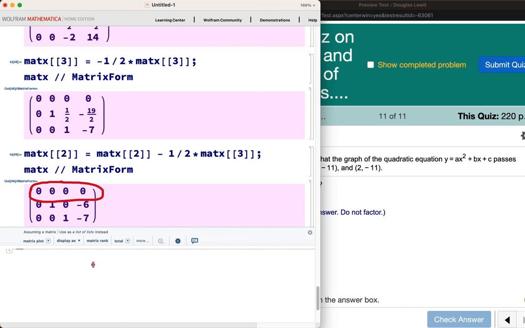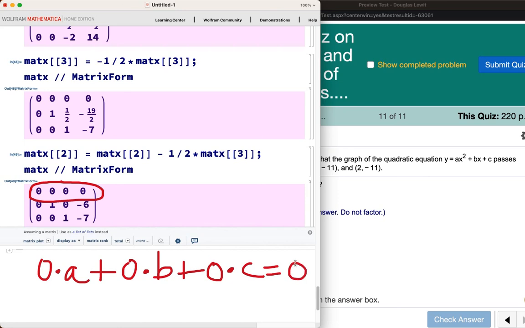According to the top row, you're going to end up with 0 times A plus 0 times B plus 0 times C is equal to 0, which means you're going to have many different possible solutions.